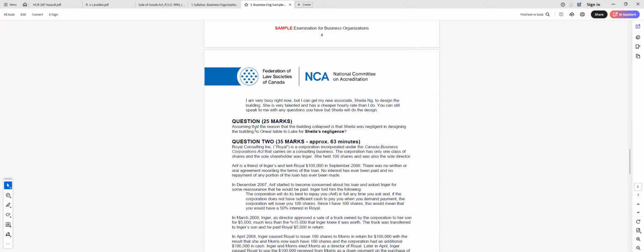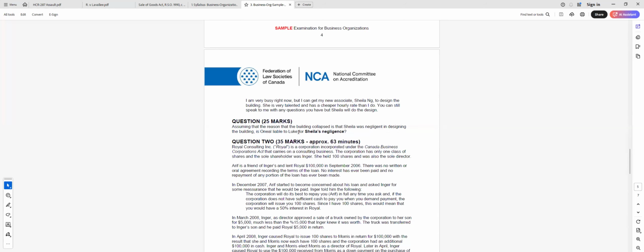Then finally they are asking the question: assuming that the reason the building collapsed is that Sheila was negligent in designing the building, is O'Neill liable to Luke for Sheila's negligence? So basically, there are different parties here. We'll have to see who's Sheila and who's O'Neill.